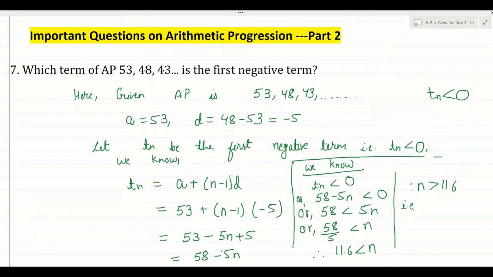That is n is equal to 12. It means therefore T12 is the first negative term. Is this clear? If you want, you can find out T12. If you find out T12, you will get a negative term. Is this clear? You will get a negative term over here.